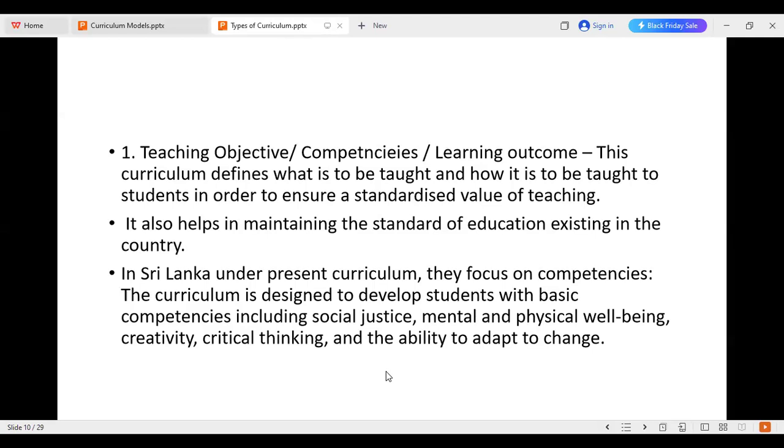In Sri Lanka, under the present curriculum, they focus on competencies. The curriculum is designed to develop students with basic competency, including social justice, mental and physical well-being, creativity, critical thinking, and the ability to adapt to change, not only content knowledge.